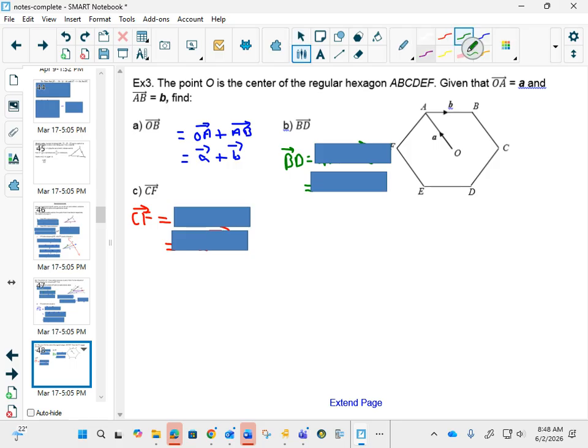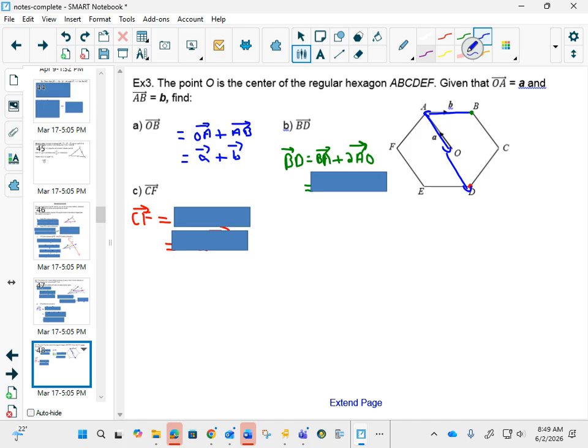Now I want to start here, and I want to end here. I could do that, right? And there's more than one right answer. But I could do that by going back along this way, and then down again.